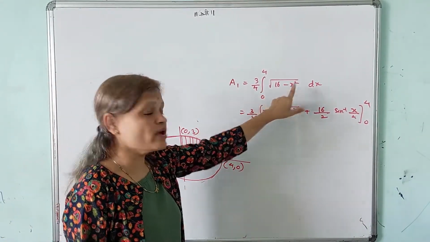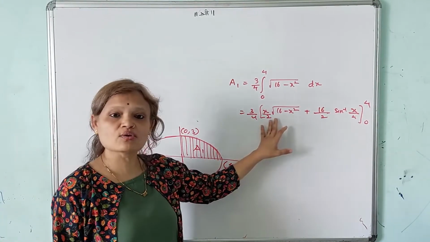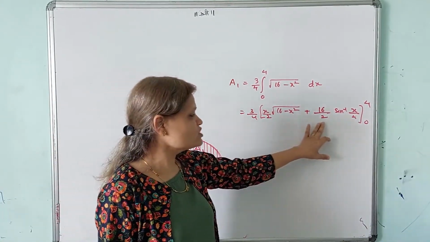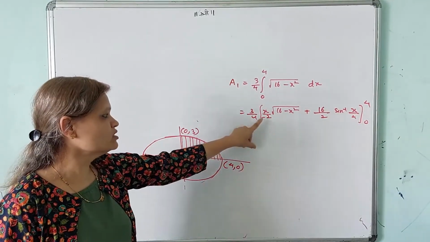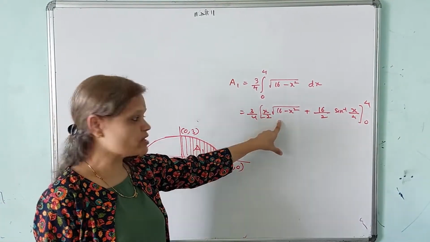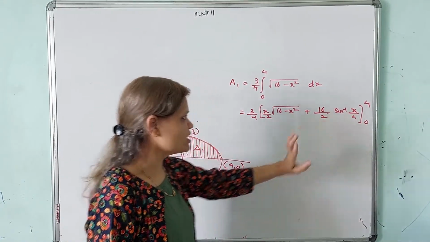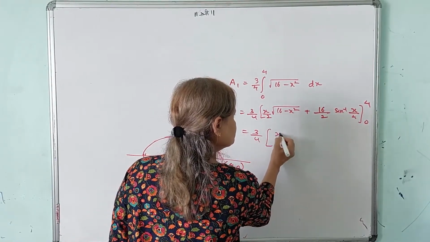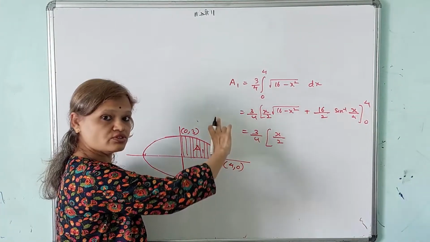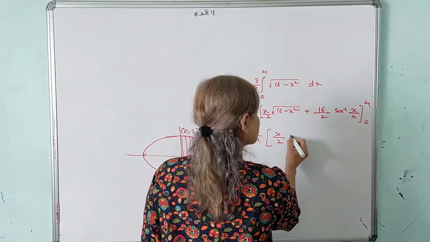So integral of under root a square minus x square is x by 2 under root a square minus x square plus a square by 2 sine inverse x by a. So here a is 4. So x by 2 under root 16 minus x square plus 16 by 2 sine inverse x by a. And then we will substitute limits. 3 by 4 is there, so I put a bracket. It is for both the terms.